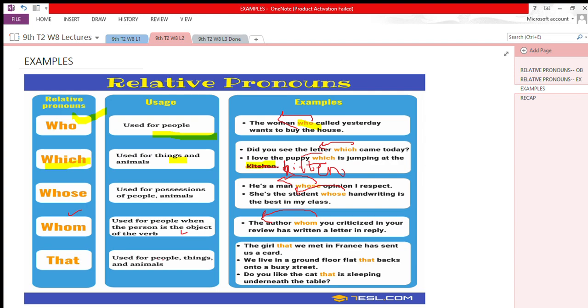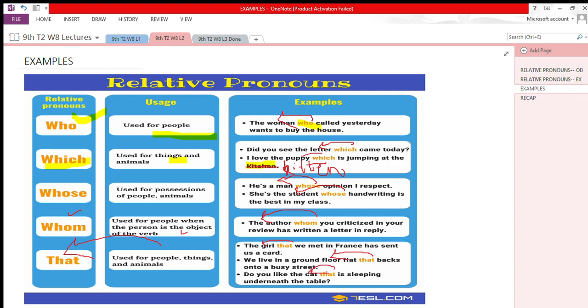That is used for people, things and animals. The girl that we met in France has sent us a card. That refers back to the girl. We live in a ground floor flat that backs onto a busy street. It refers back to ground floor flat. Do you like the cat that is sleeping underneath the table?